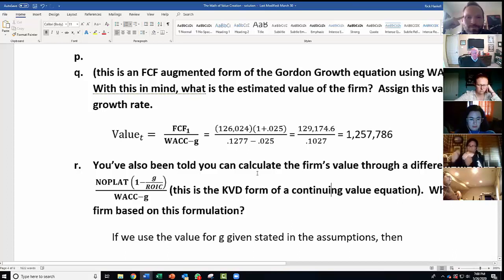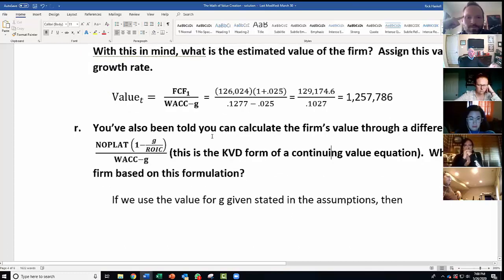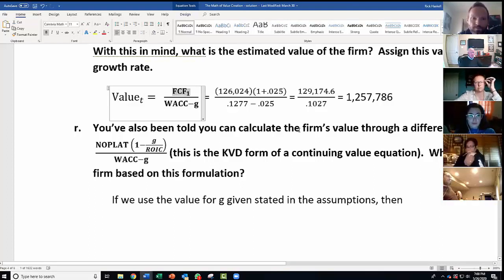In this next one, all I'm doing is using an alternative interpretation of free cash flow. Free cash flow I like to mean NOPLAT plus depreciation minus change in net working capital minus net capital spending. But it might be interpreted as NOPLAT times 1 minus G divided by ROIC.